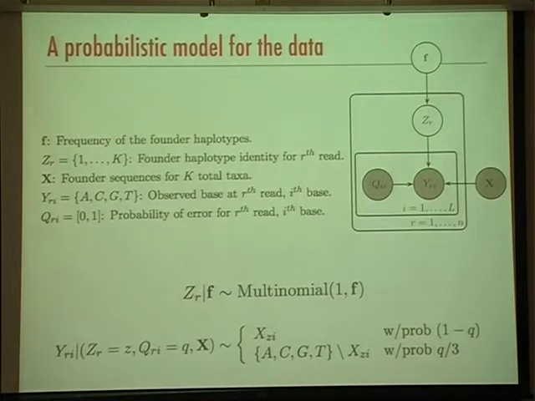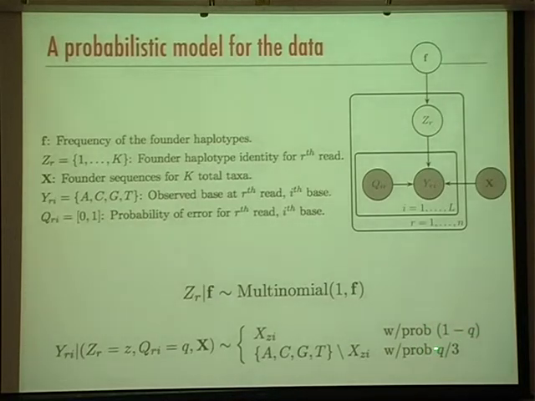Okay? So the components of this model are the haplotype identities for each read, which is just a multinomial draw from the frequencies. And then for each base, it's going to be this probability distribution where the base is going to exactly equal what the haplotype, the sequenced founder line has, with probability 1 minus our error probability.